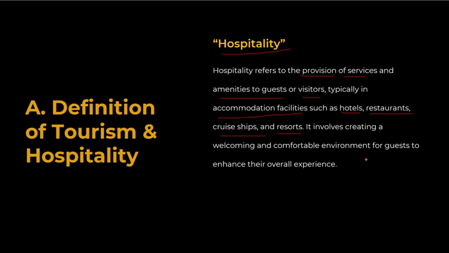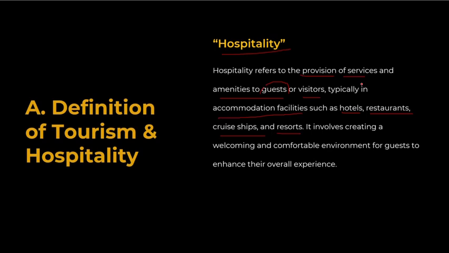Okay, so when you graduate in this program, expectedly you will work in hotels or restaurants or cruise ships or resorts. So hospitality will provide services and amenities to the guests.